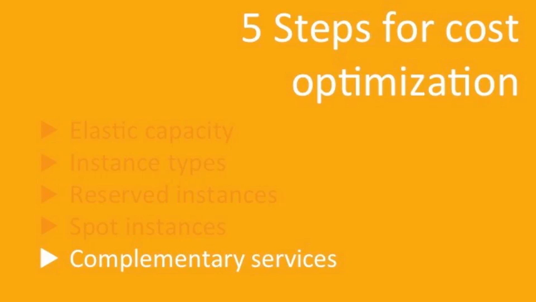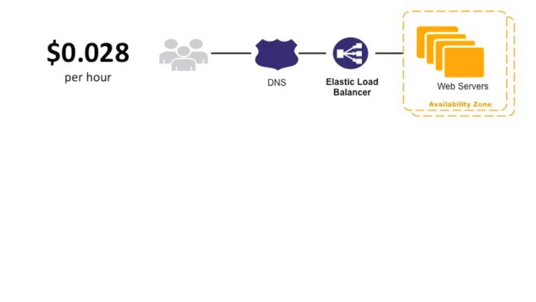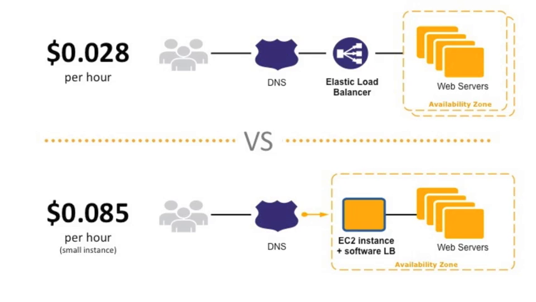Lastly, complementary services. A short section here talking about software versus services. If we look at a classic stack here at the top of using an elastic load balancer to front some web servers across multiple availability zones, and compare that to running a software load balancer at the bottom on an EC2 instance, I'm trying to draw the comparison of using load balancing as a service versus installing load balancing as software on an instance.